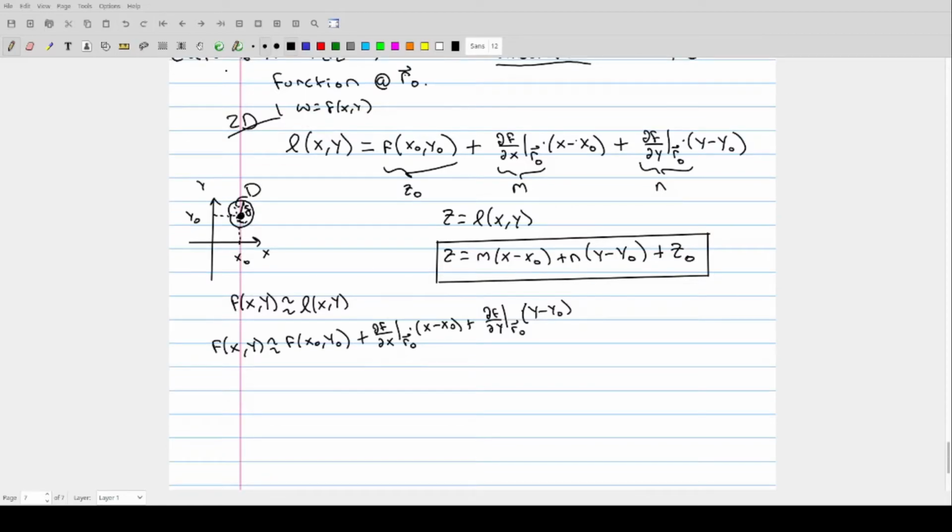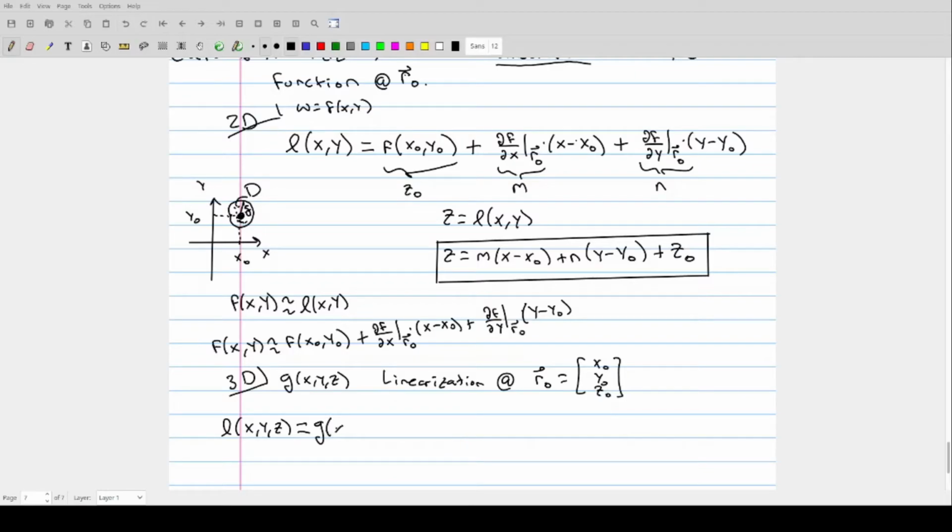I definitely do want to just write down, though, what happens for the linearization for a function of 3 variables or any more number of variables. Let's say you have a function g of x, y, and z. Then the linearization for a function of 3 variables is going to be found in the exact same way. It's equal to the linearization at the point r naught in 3D, which is x naught, y naught, z naught.